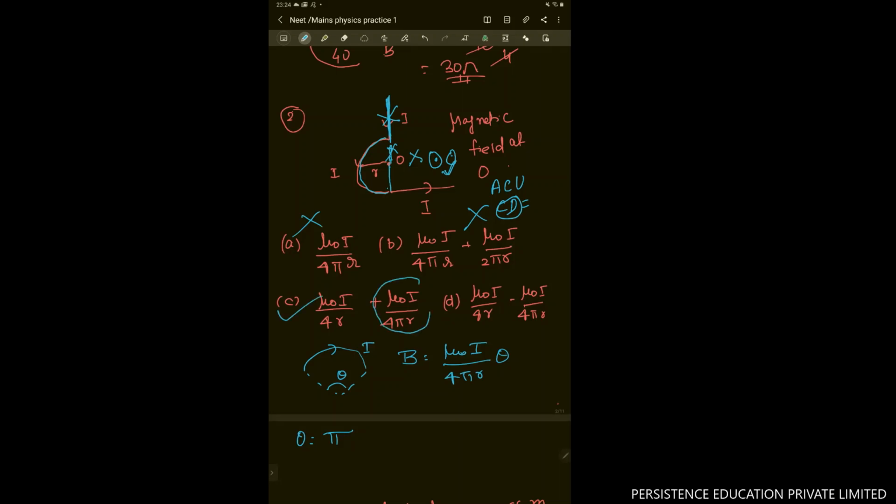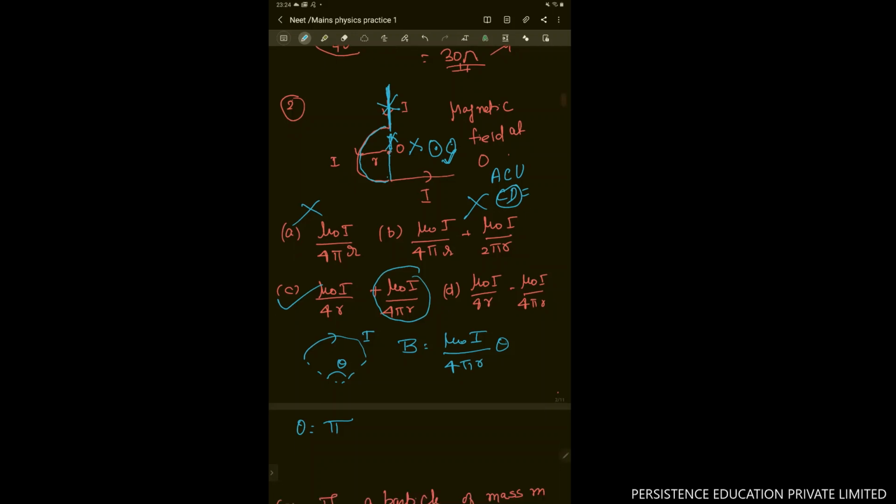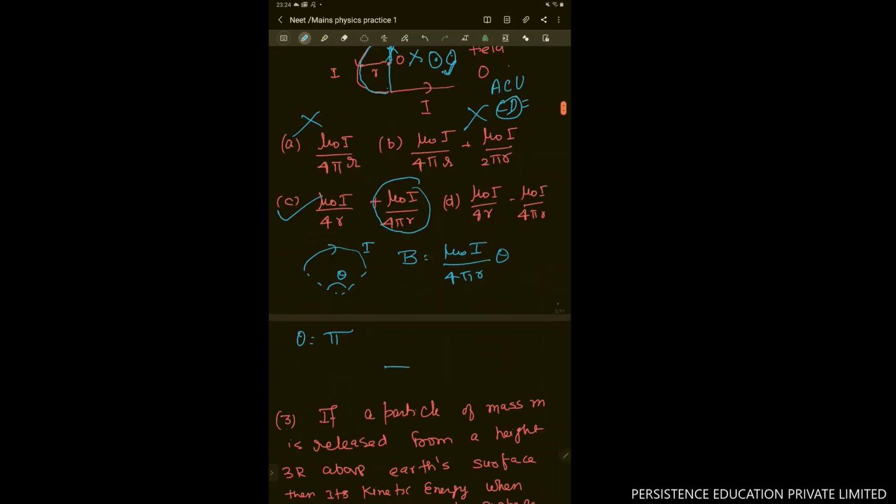Again, I will explain this value also so that you can learn from it, right? If there is a finite wire like this, where the ends subtend angles alpha and beta, the magnetic field will be mu naught I upon 4 pi d times sine alpha plus sine beta.